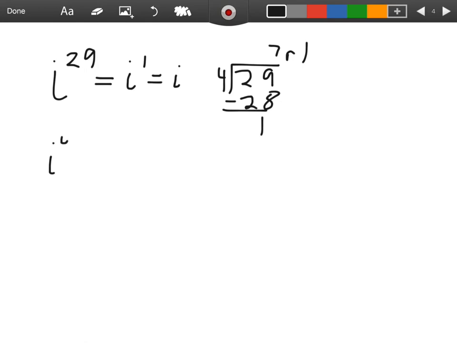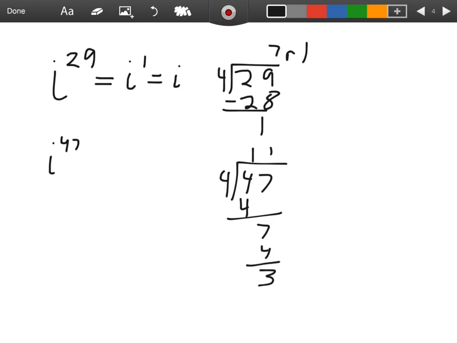Okay, another example, i to the 47th power. Take 47, divide it by 4. It goes in 11 times with a remainder of 3. So this is the same thing as i to the third power, and we just said that i to the third power is -i.